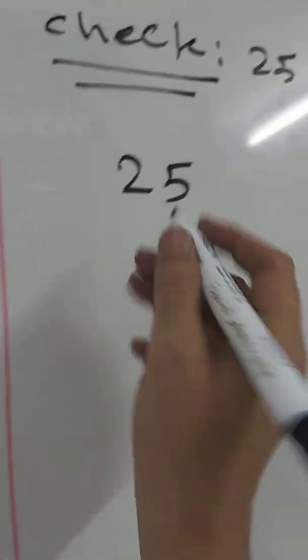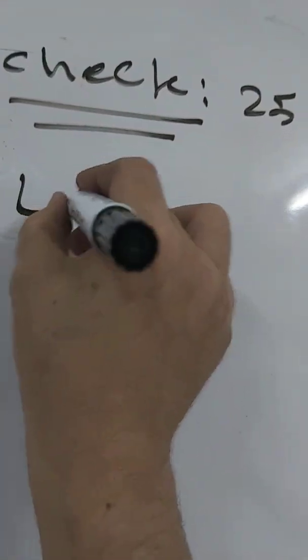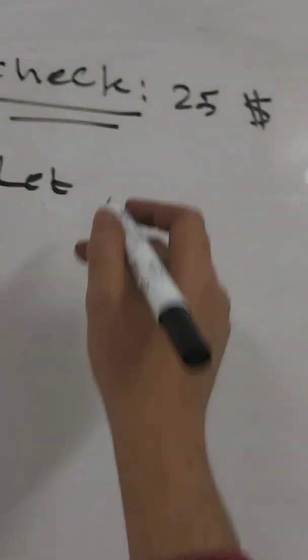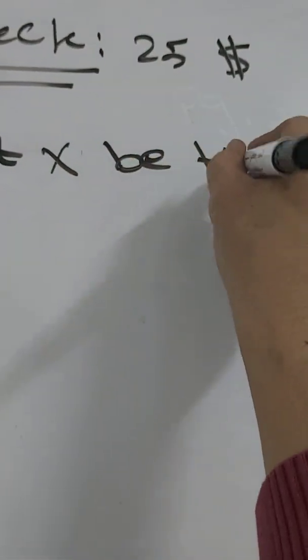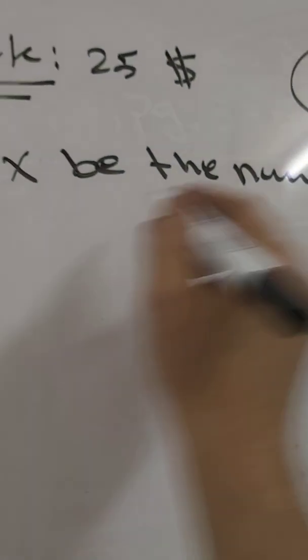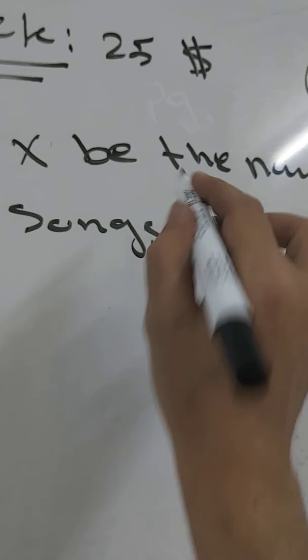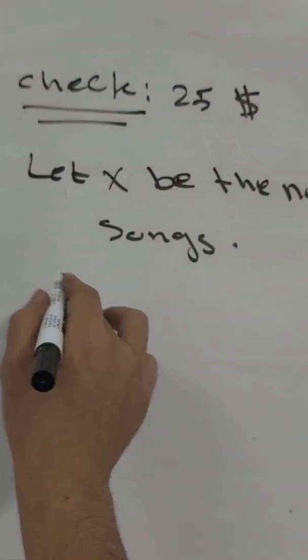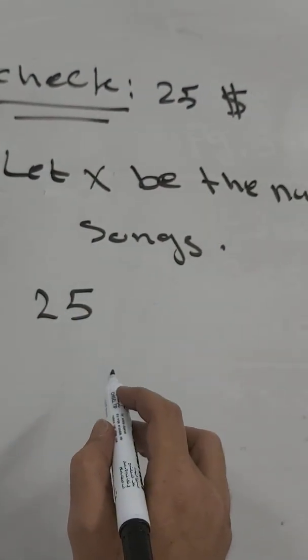Let x be the number of songs. Now focus here. She has $25.